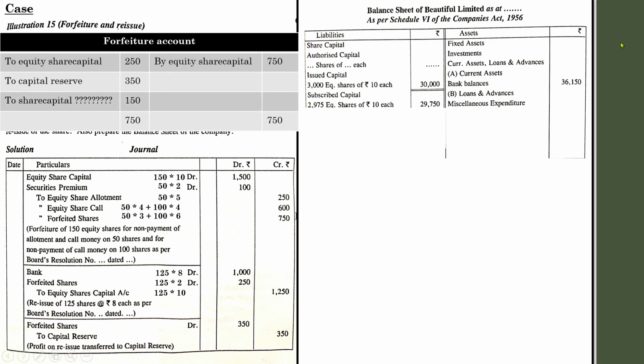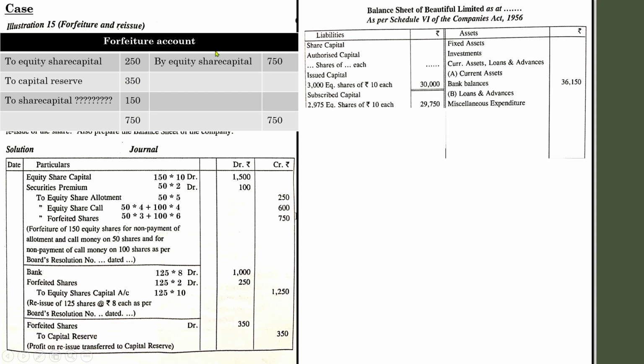And in this amount you have to add the amount that comes as a balance in the forfeiture account. In the forfeiture account, we will show on the credit side 750, on the debit side 250, and we have also found out the amount to be transferred to capital reserve, that is 350.